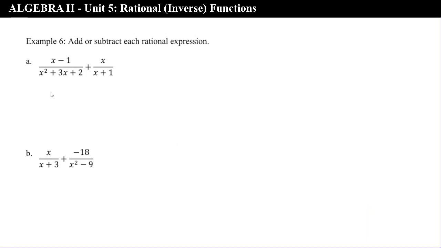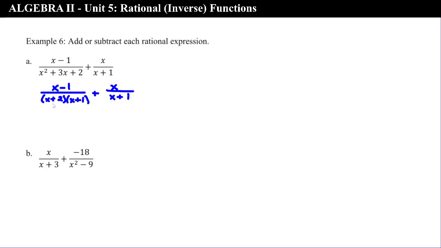So let's take a look at A here. First of all, let's factor the bottom of this first term, okay? So we got x minus 1 over, when you factor the bottom, you end up with x plus 2 times x plus 1. Well, the second term already has an x plus 1 in the bottom.